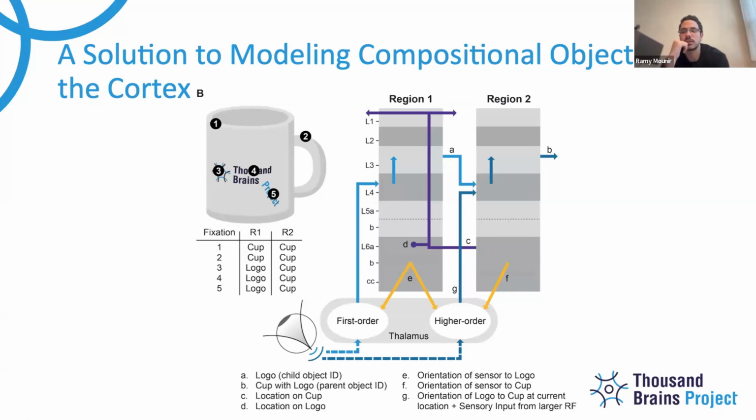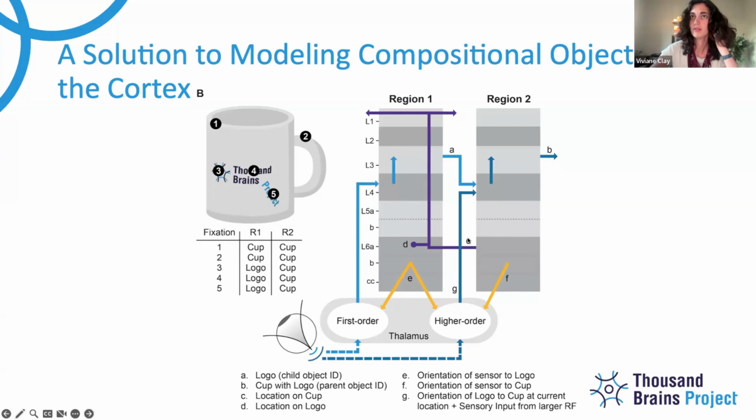One question here. Sorry. Are the projections between layer 6A of region 1 and 2 bidirectional, or just feedback from region 2 to region 1? That's just feedback. This is not shown here, but the input from the thalamus also includes the movement information to the border of layer 5 and layer 6.